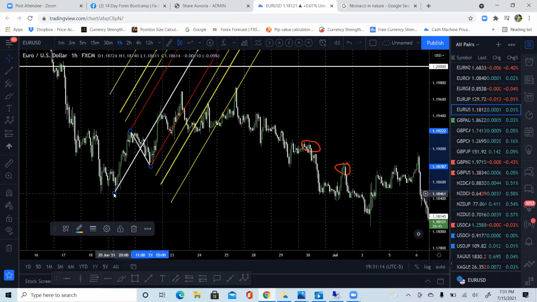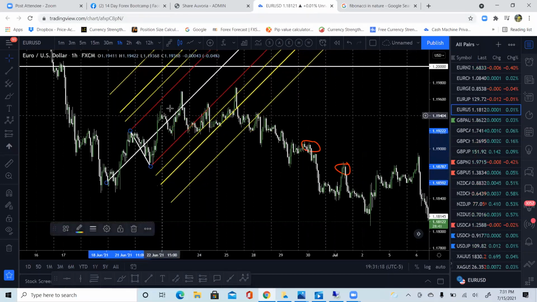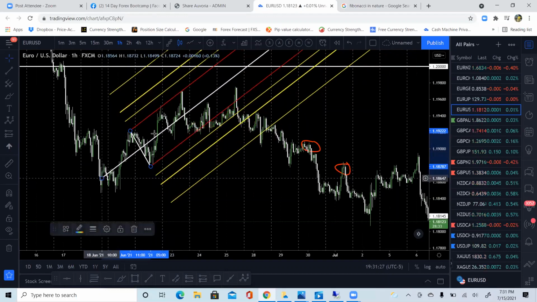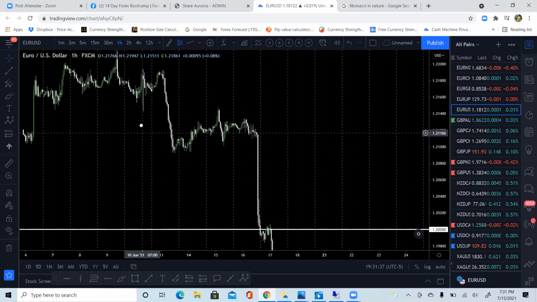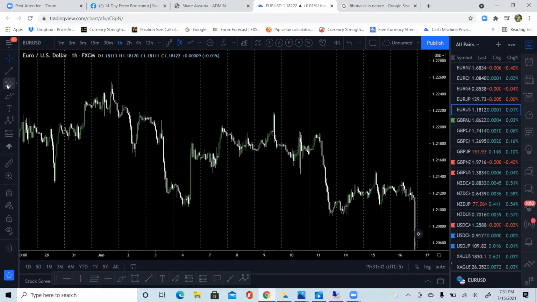And then you have your modified pitchfork where you take one of these lines and line it up with the markets. So if I wanted to line that one up, that would be my area here. Pitchforks are a little bit harder to draw, a little bit harder to use. Let me see if I can find a clean area for a pitchfork. Here we go.